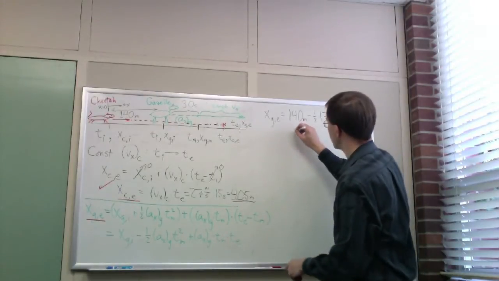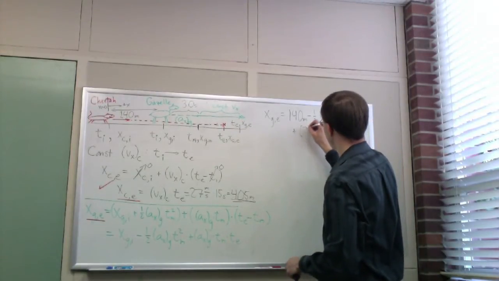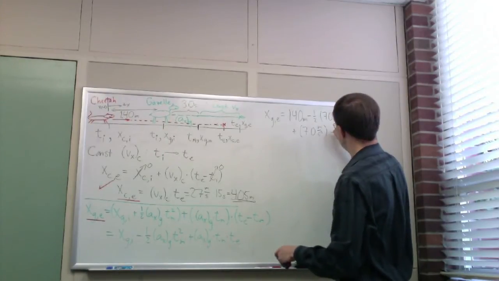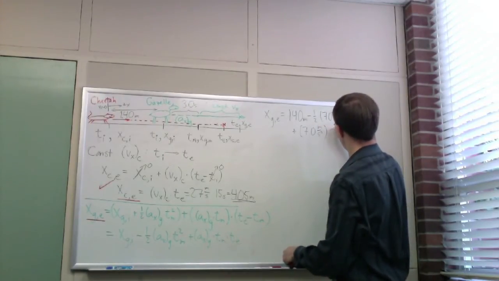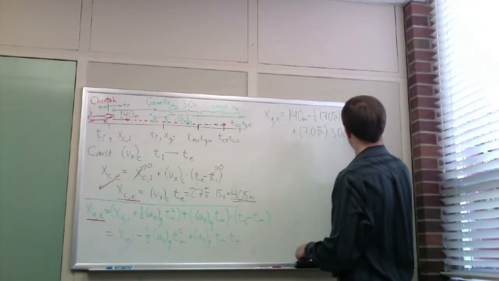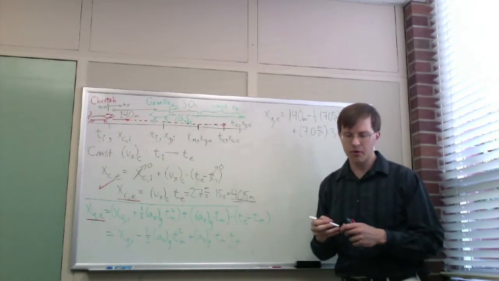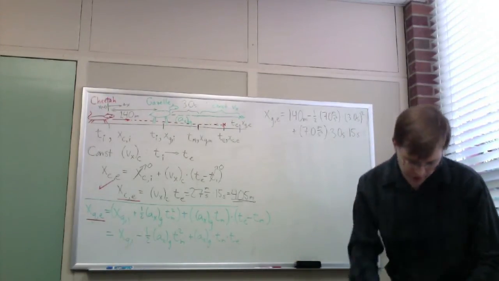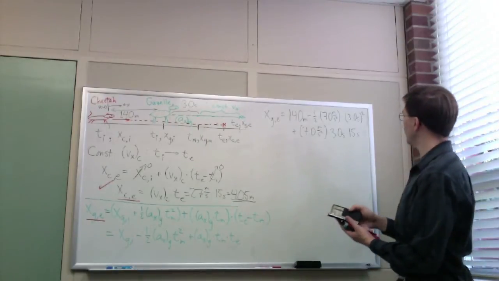And then plus, here I've got my 7.0 meters per second squared, my acceleration, times 3.0 seconds times t escape, 15 seconds. So I put those all together. I've got this whole big mess of stuff. And, well, I can plug it into a calculator.